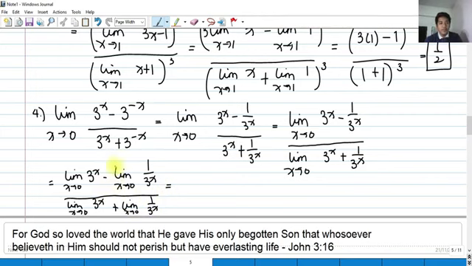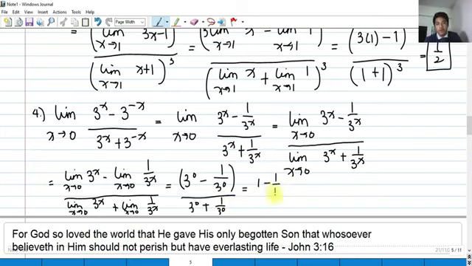So we can simply substitute the values of x here. So we have 3 raised to 0 minus 1 over 3 raised to 0, over 3 raised to 0 plus 1 over 3 raised to 0. And any number raised to 0 will be equal to 1.